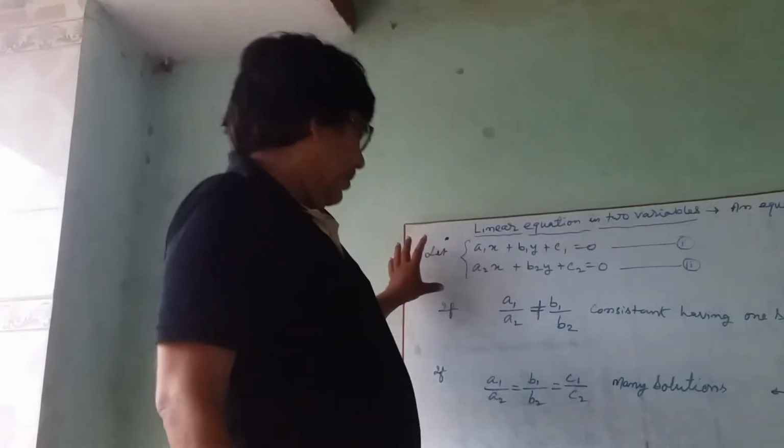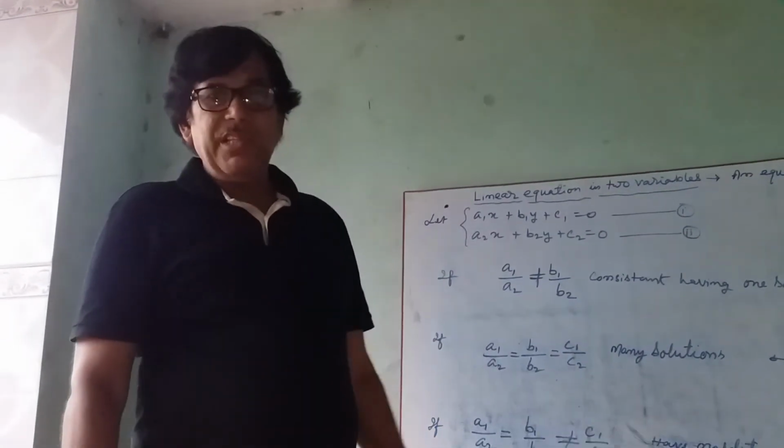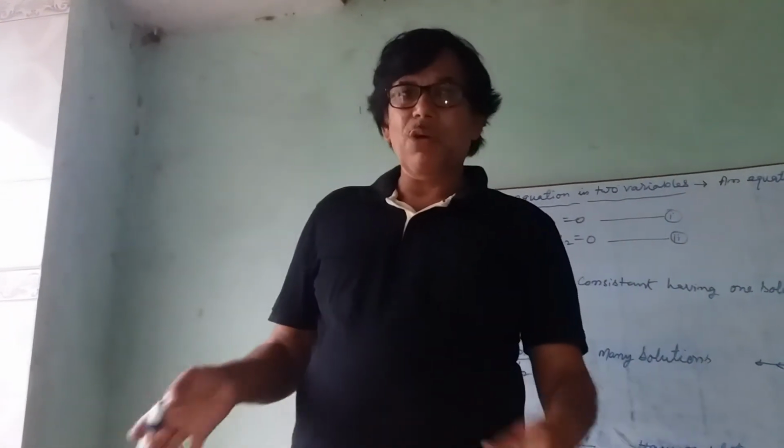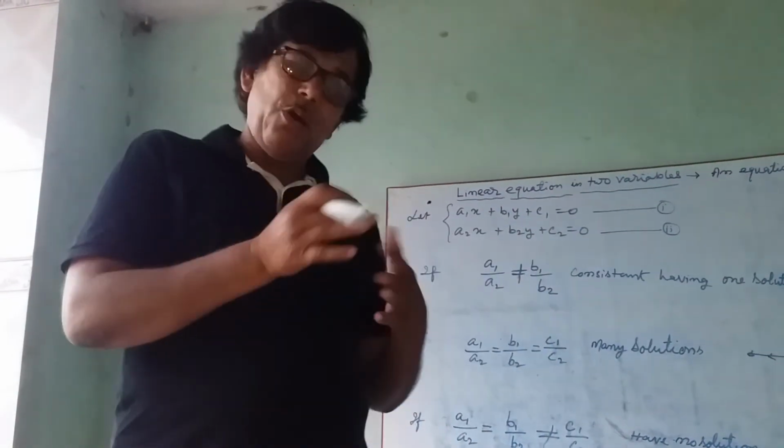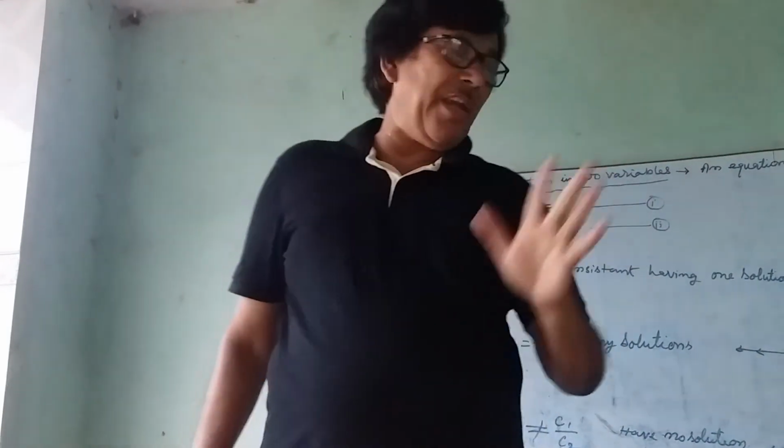These are the three conditions to find whether the system of simultaneous equations is solvable or not solvable. If solvable, then how many solutions it has, one or many.